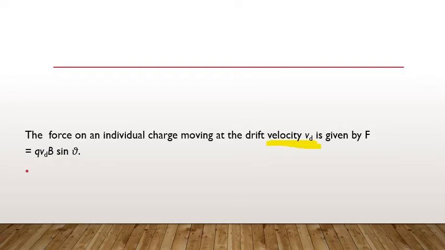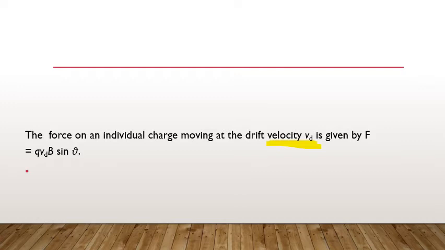Here we use the word drift. To remember this word, you must know there are two types of velocities, drift velocity and diffusion velocity. The charged particle can move from one place to another place, and the charged particle motion depends on two circumstances.